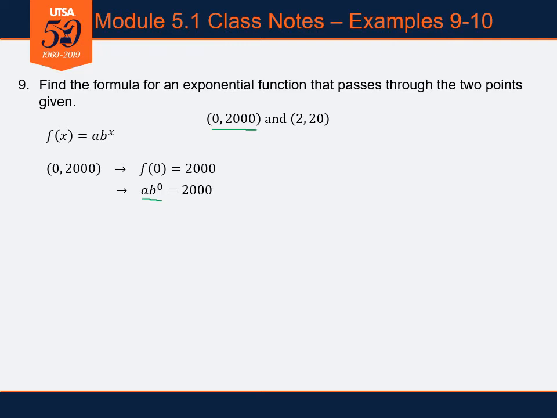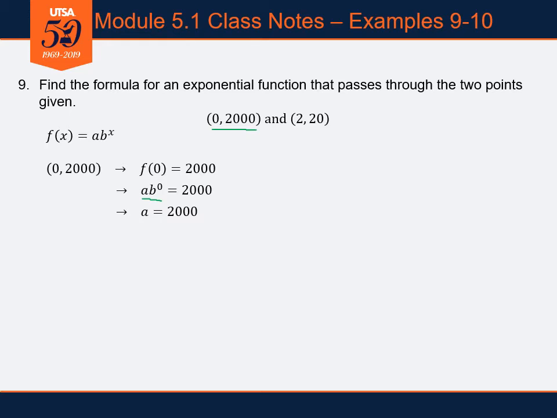But as you know, any number to the 0 power is 1. So b to the 0 is 1, and anything times 1 is itself. That simplifies down to just a equals 2000, the initial value. At an input of 0, my output is 2000. That's my a value, 2000.